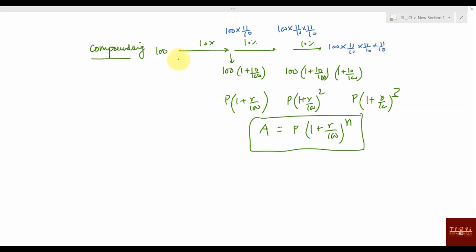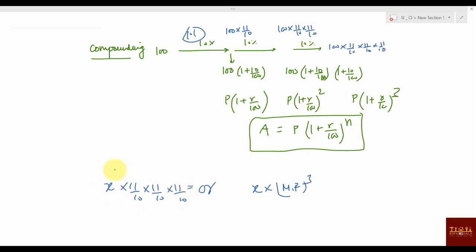If this amount is 100, or I would say X, after 3 years it will be 11 by 10 into 11 by 10 into 11 by 10. Another way, what is the multiplying factor here? 1.1, so it will be X into the multiplying factor whole cube. Clear? Right?